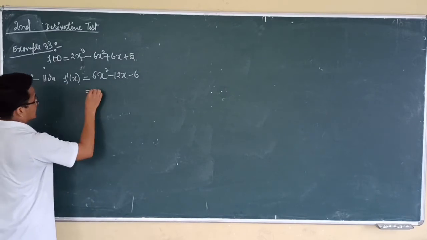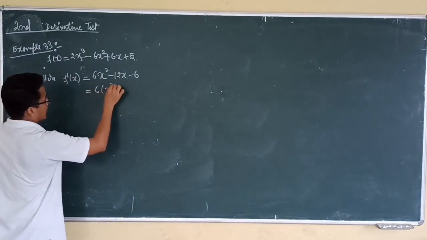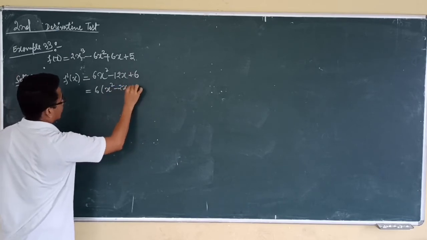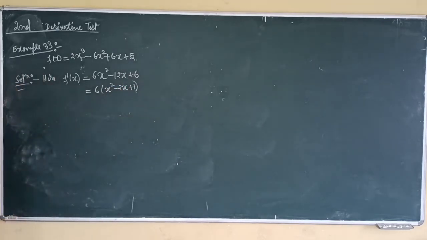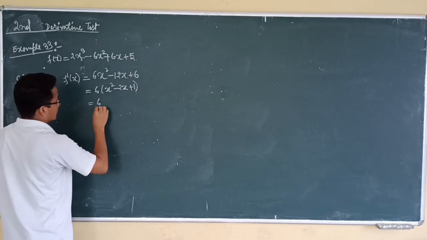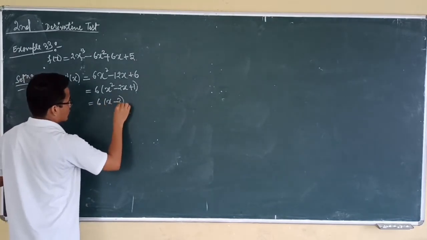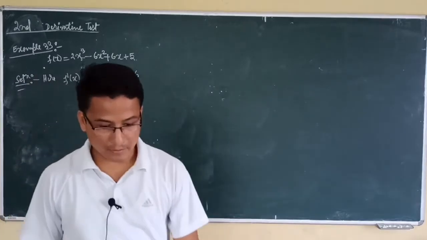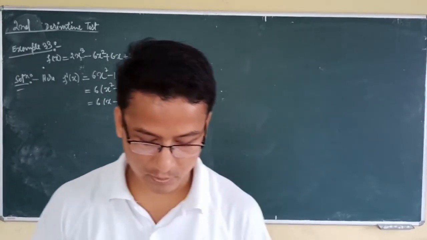So we will take 6 common, then this is x square minus 2x plus 1. So this is directly what we will get: 6 into x minus 1 whole square.